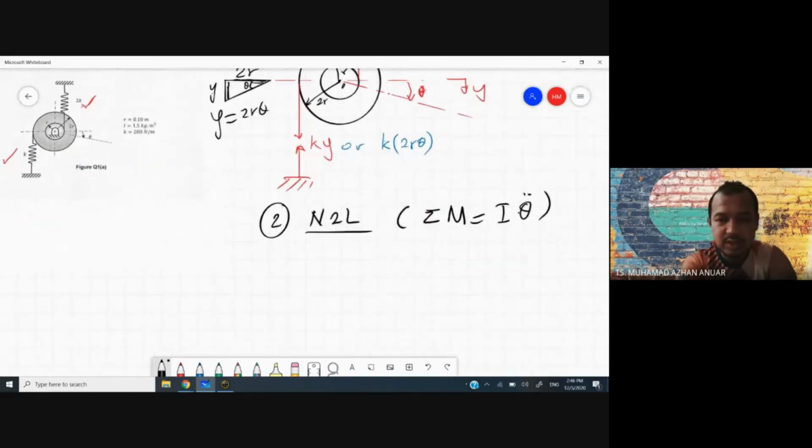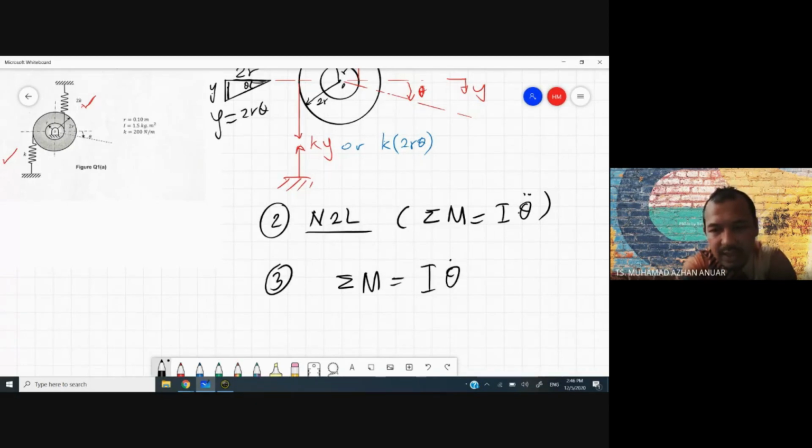So step number 3, applying step 1 and step 2, we should have summation of moment is equal to I theta double dot, where the positive direction is clockwise since the pulley rotates clockwise, and the moment of inertia is about an axis passing through point O. So the moment is about point O, the fixed point here.